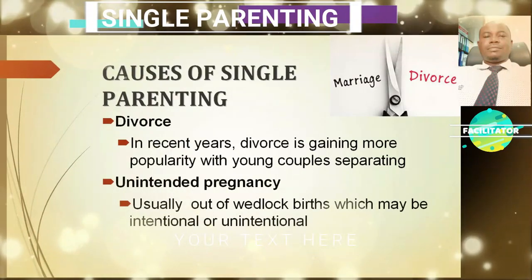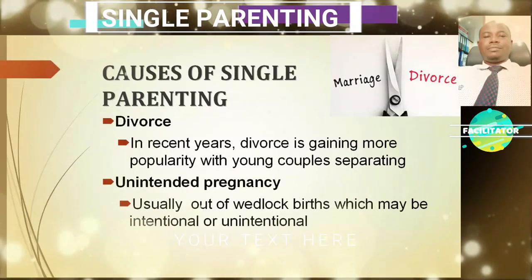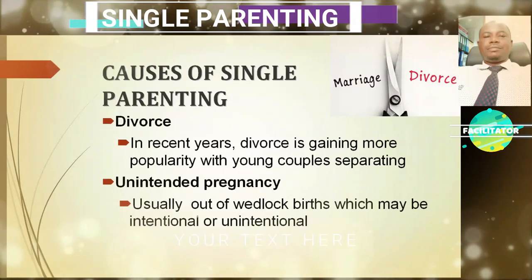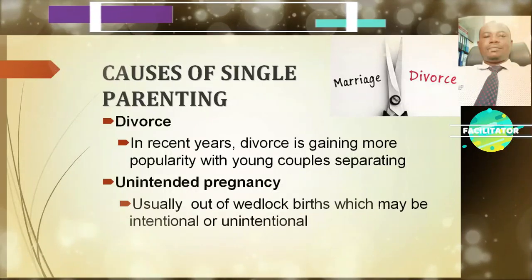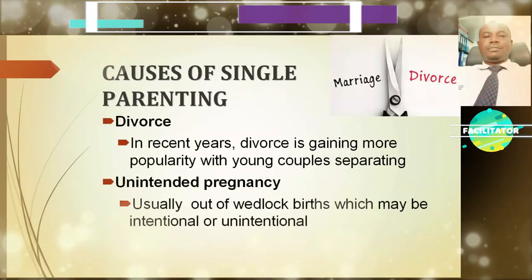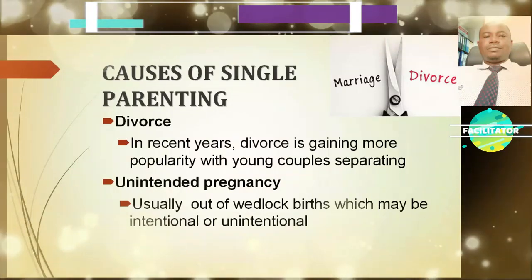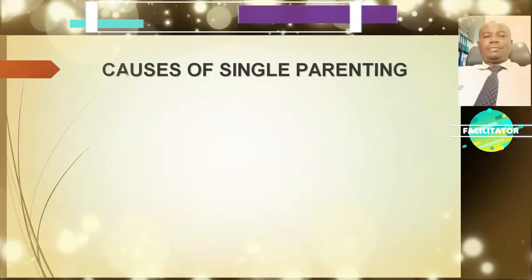Sometimes the man too can impregnate the woman just to have his way or to marry her. But sometimes it's unintentional, and sometimes it's intentional: I want a baby, I just want a baby but not to get married. So that is another cause of single parenting.